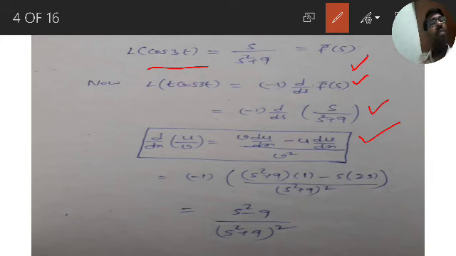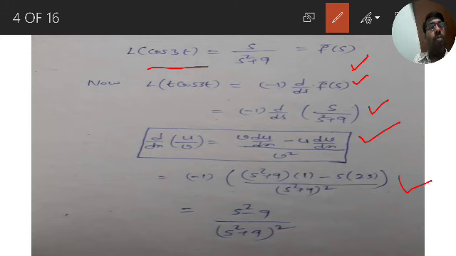In place of u we have s, in place of v we have s square plus 9. So minus, as it is outside, s square plus 9 into derivative of s, which is 1, minus s into derivative of s square plus 9, which is 2s, by s square plus 9 whole square.